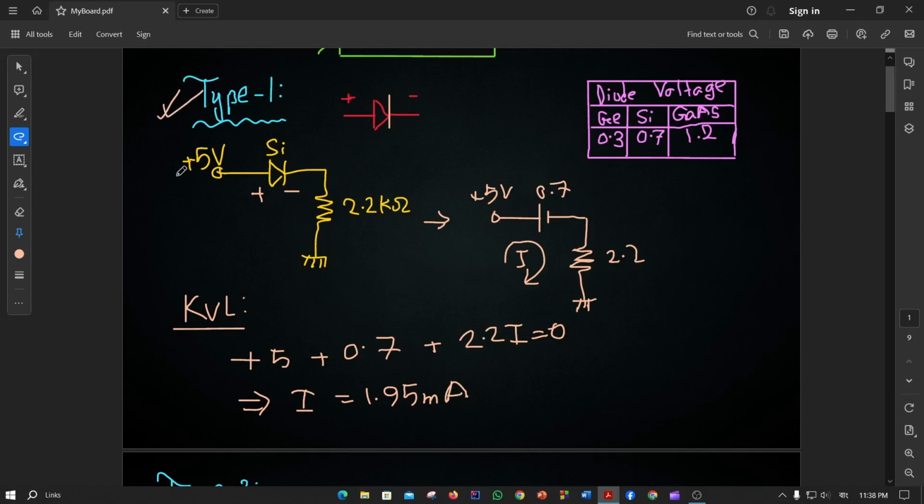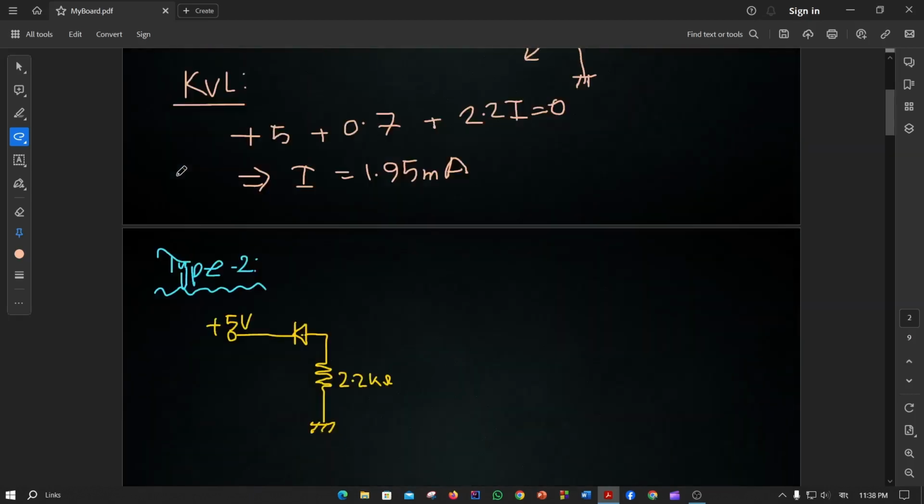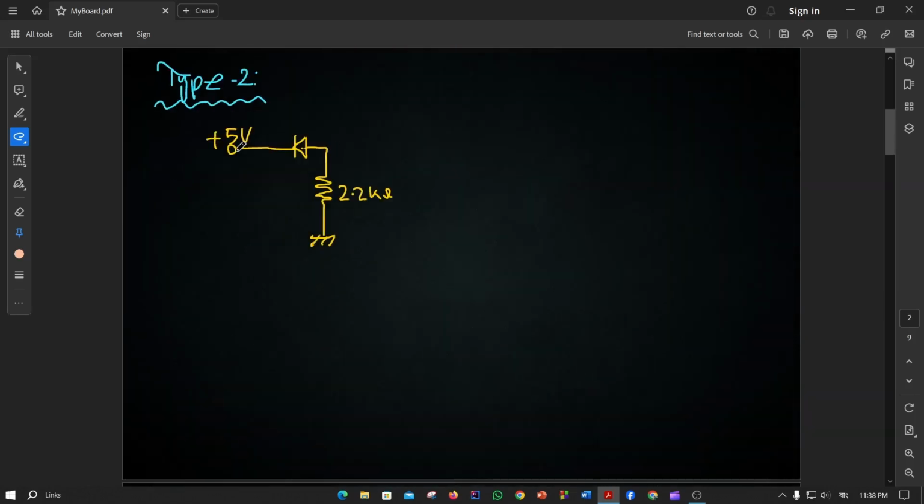After type 1, we will go to type 2. In type 2, what can you see? This is the positive terminal, but the diode is opposite. So the positive voltage goes to the negative terminal of the diode, so there will be a reverse bias.